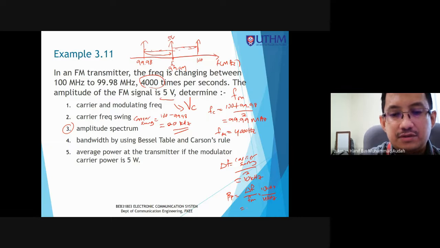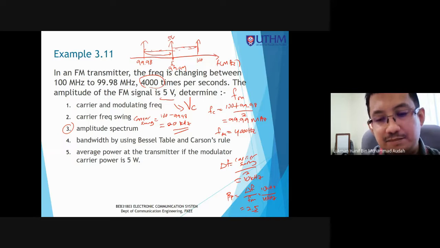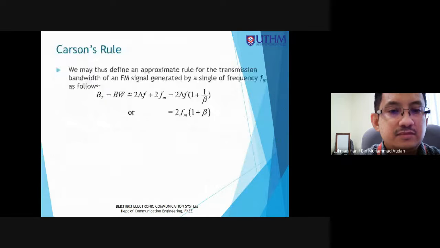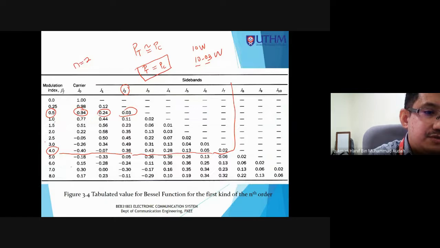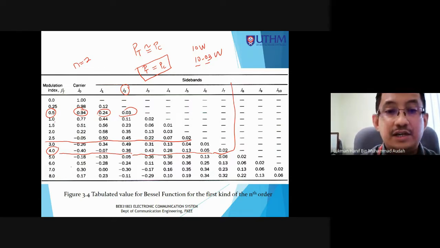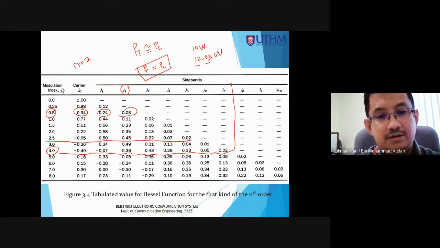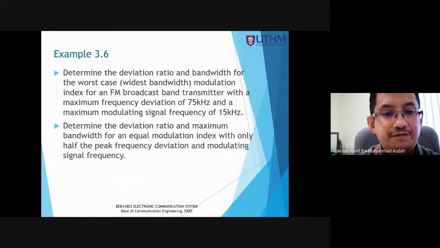If it is 2.5, that means we are going to have up to 5 significant sidebands. If we look at the table, there is 2.5 in the table. So 2.5 is this one. We get n up to 5 significant sidebands. There are 5 pairs of sidebands. That means n equals 5.